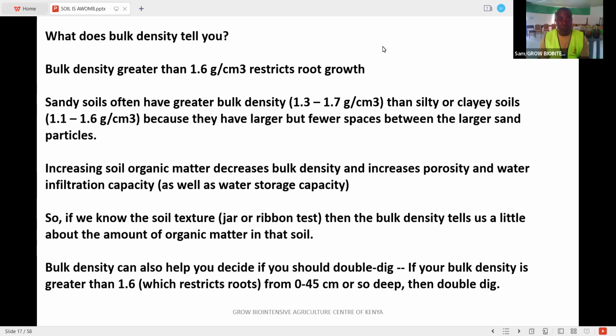Bulk density can also help you decide if you should deep dig, single dig, or just plant your crops without digging, so you can do some kind of conservation agriculture. If your bulk density is greater than 1.6, which restricts roots from penetrating down there, then you should double dig or deep dig.